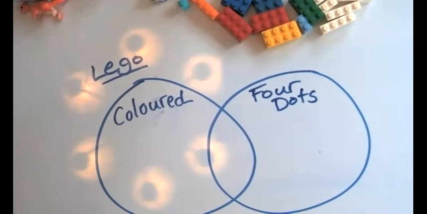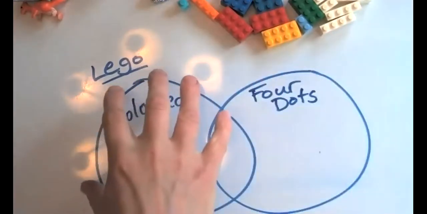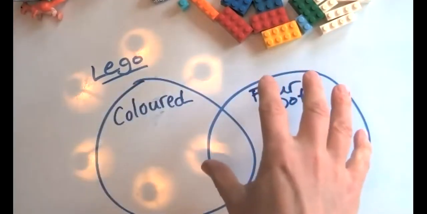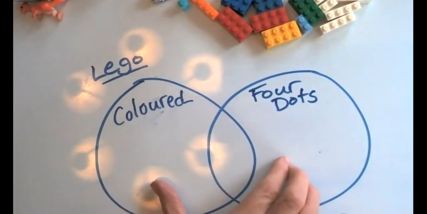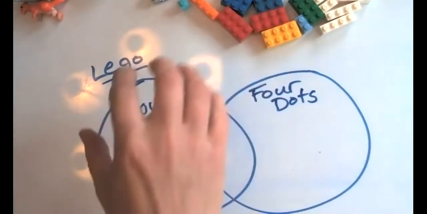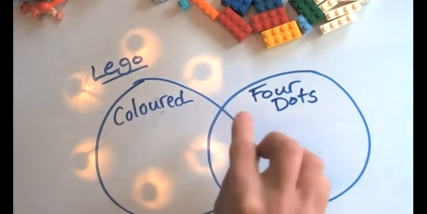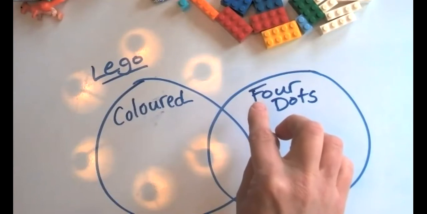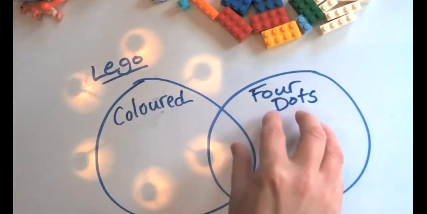Okay, so now when we're talking about a Venn diagram, we're actually talking about two ovals, and they're going to overlap, like these are overlapping. And so you're going to put everything that fits under colored in this oval, and everything that fits in 4 dots in this oval.